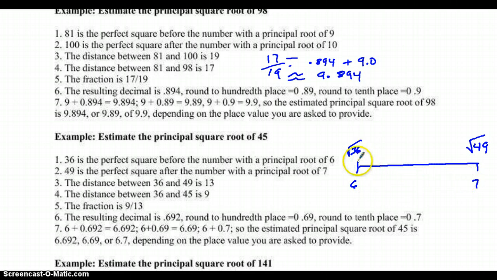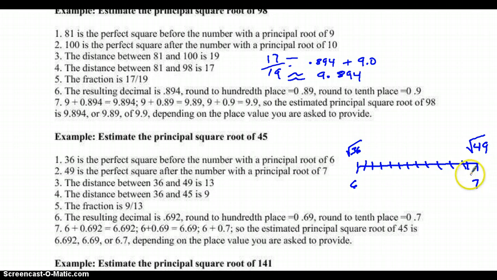But then again, we can just put our little tick marks. There are 13 units when you subtract 36 from 49, so we can go 1, 2, 3, 4, 5, 6, 7, 8, 9, 10, 11, maybe that's 12, 12, 13.